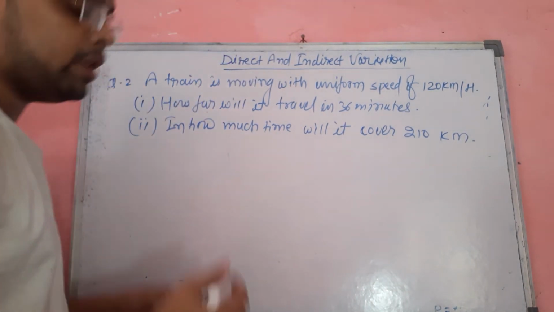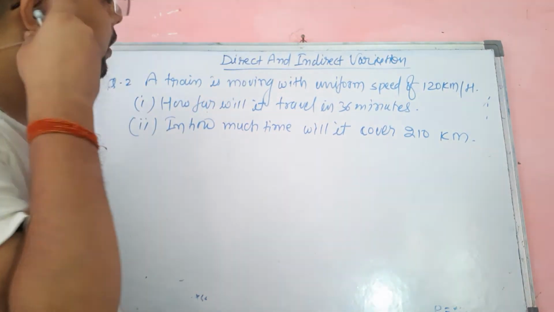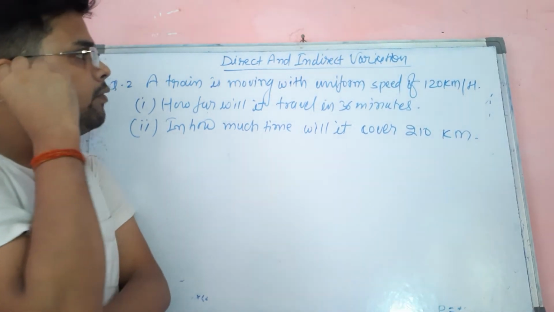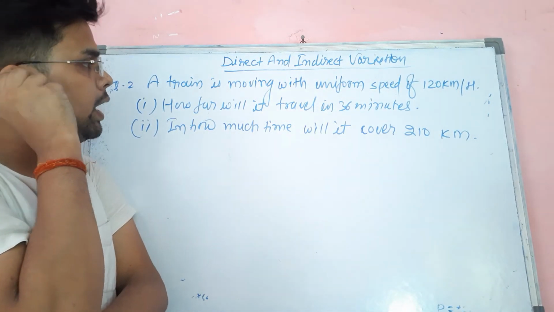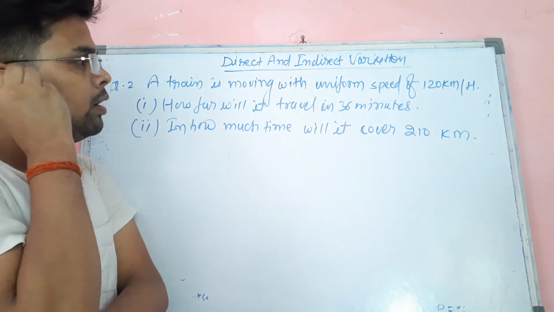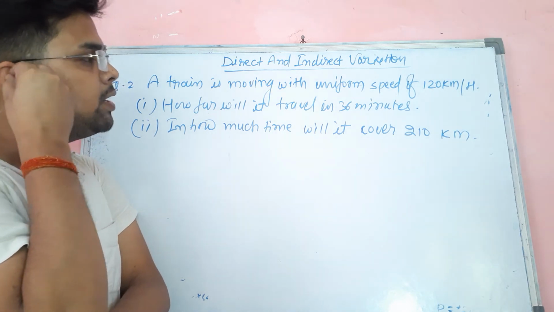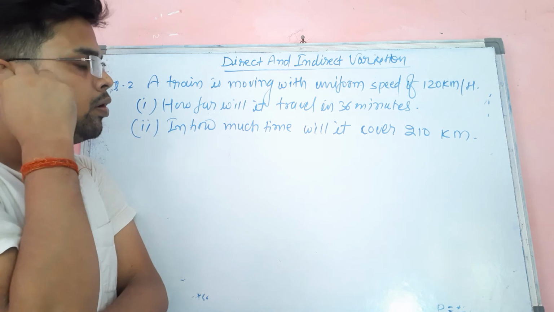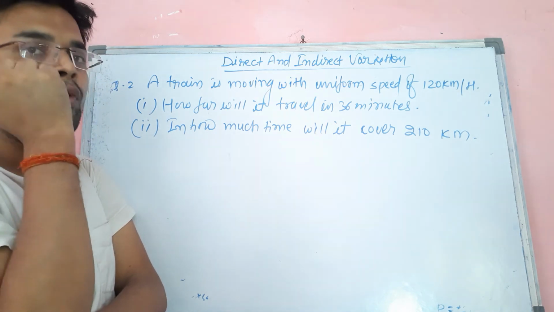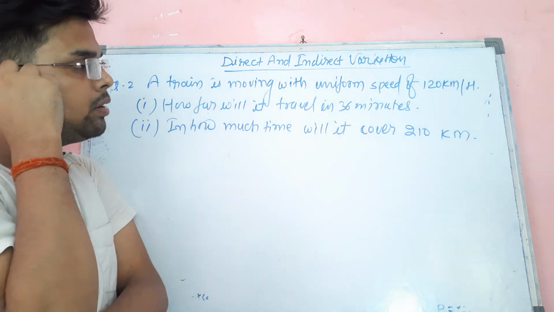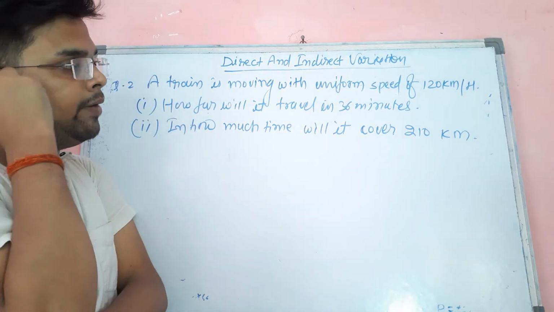So very first you will think whether this is a direct variation question or an indirect variation question. For that, you will take time and distance covered by the train. If the train takes more time, it will cover more distance. If the train takes less time, it will cover less distance.